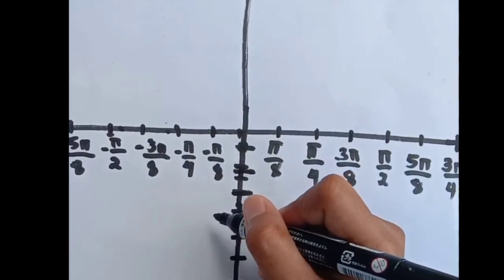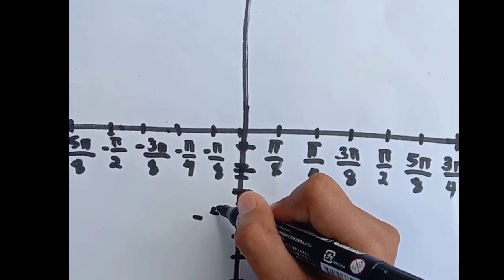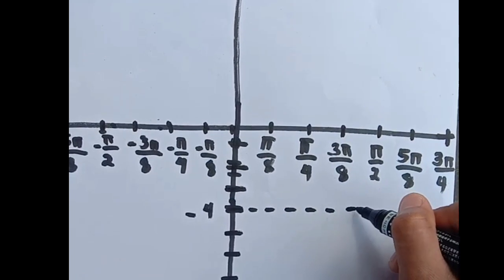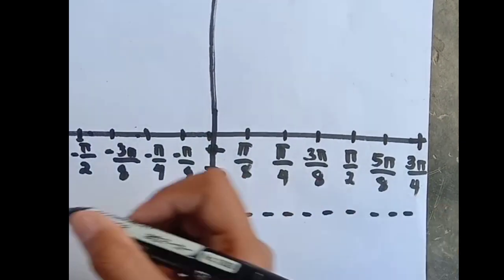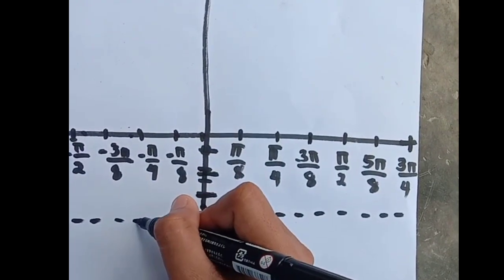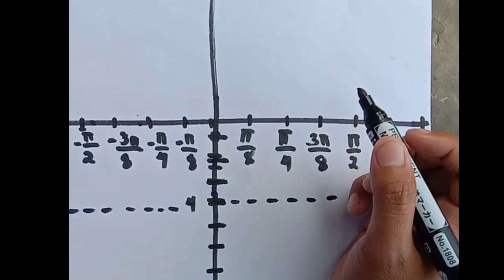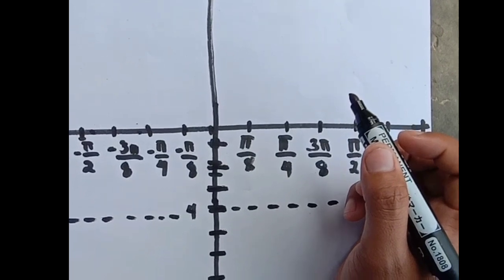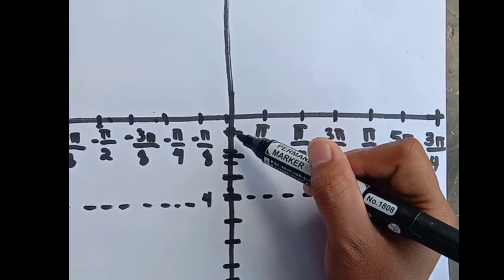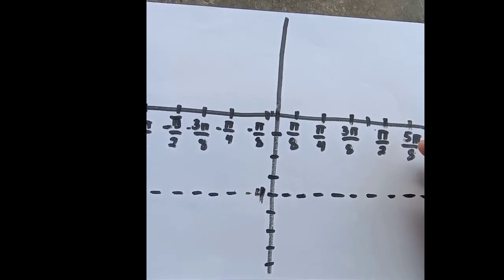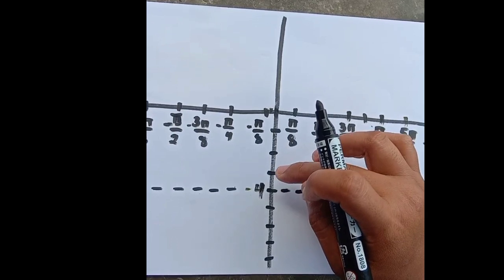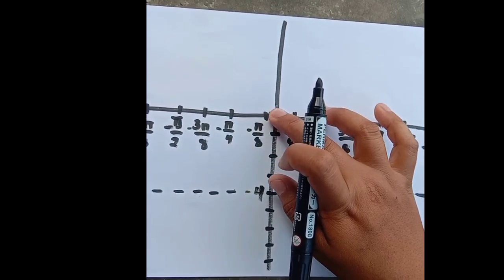So this is negative 4. Put a broken line. And we already know that our amplitude is 4, so add 4. Negative 4 plus 4 equals 0. So 0 here.